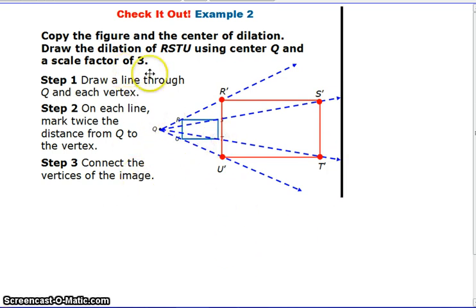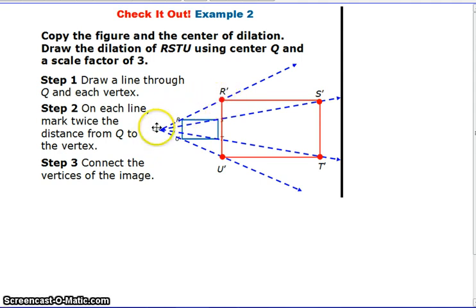And then, because we're asked to dilate by a scale factor of 3, notice their terms here. On each line, mark twice the distance from Q to the vertex. So if we go from Q to R, if this equals 1, then we have to go twice that from R to R', or we go 2, right? So we are increasing the distance from Q to a total of 3 units.